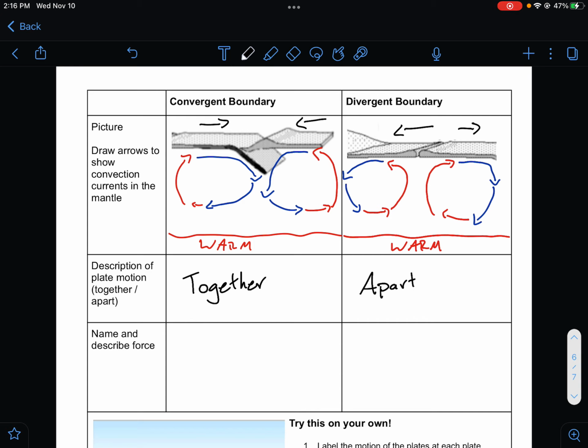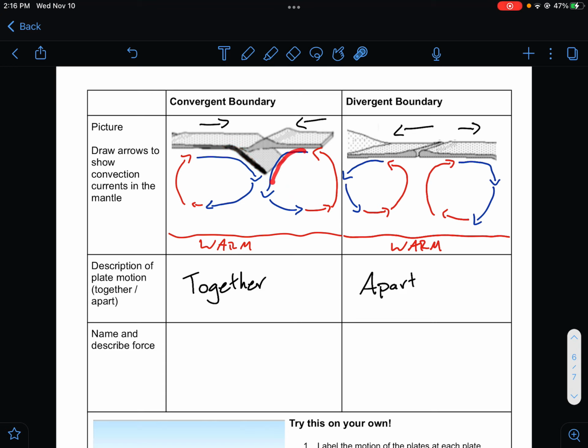And then name and describe force. Okay, so we need to be thinking about the force which is happening at both of these. Since these plates are getting crashed into each other, this part of the subducting plate right here is getting pulled and pulled and pulled farther into the mantle.